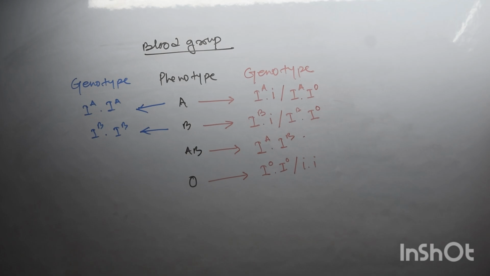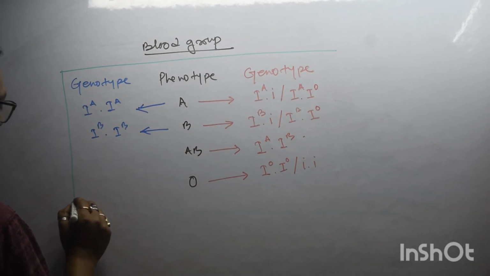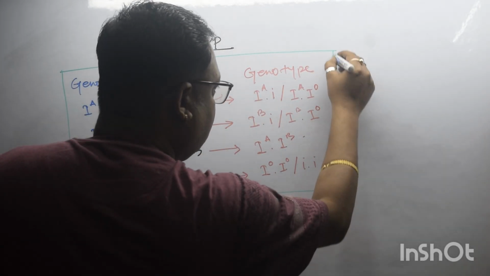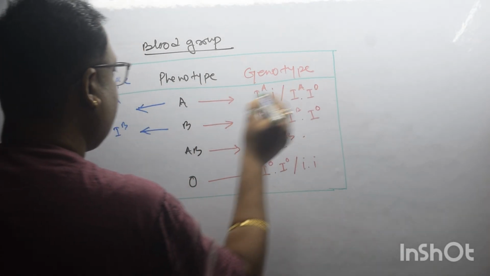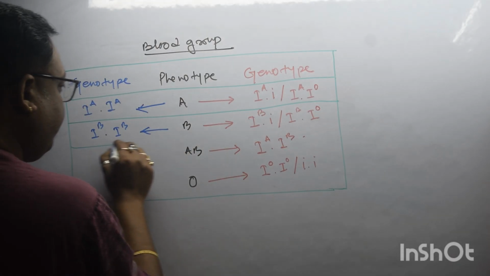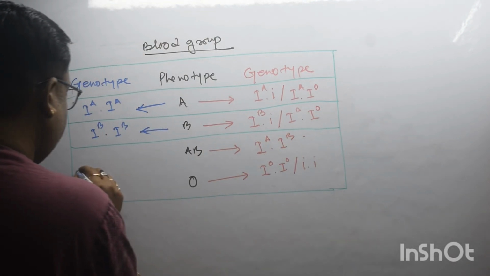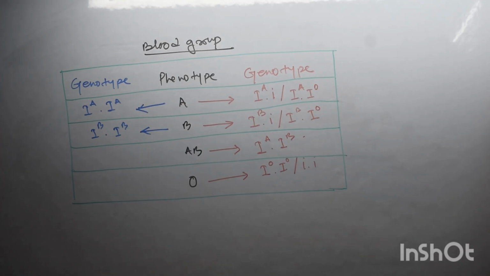So you must remember this. This will be very useful in conducting crosses to find out unknown blood groups of given parent or progeny.